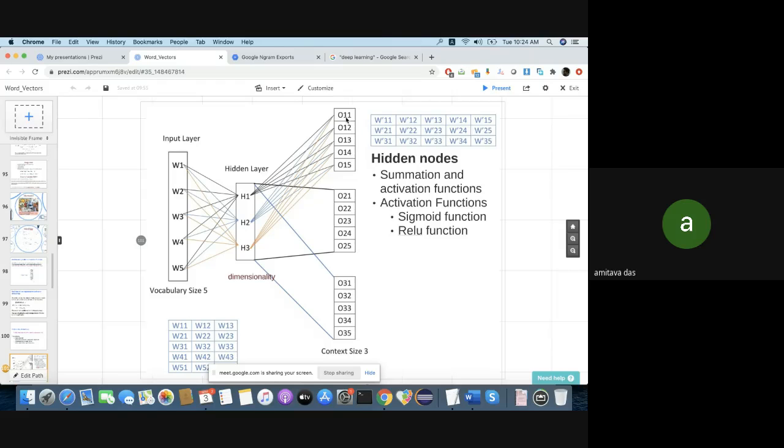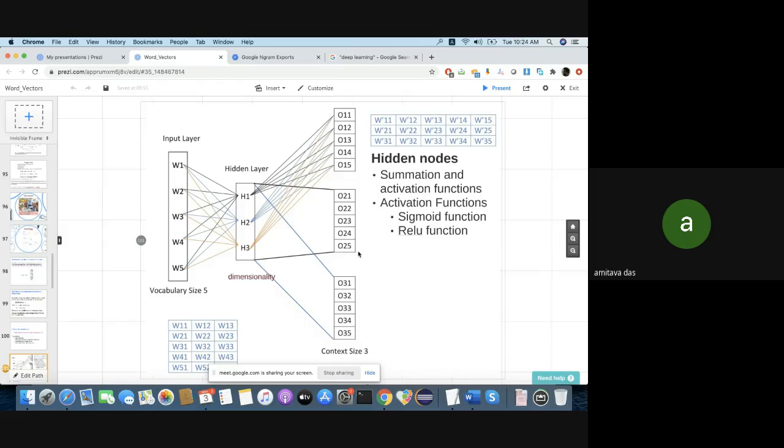So I'm predicting a set of words and their probabilities here. Since my vocabulary size is 5, I have to predict all 5 probabilities in the first occurrence, all 5 probabilities in the second occurrence, all 5 probabilities in the third occurrence. So my context size is 3 here. This is my output layer. This is a very simple setup of word2vec, how it works.